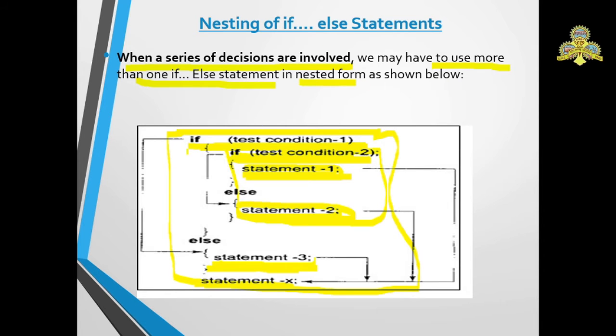In this example, see here, this is the outer if statement and this is the else part of the outer if statement. This is called the else part or else clause. You have to align the else clause vertically with its matching if statement.